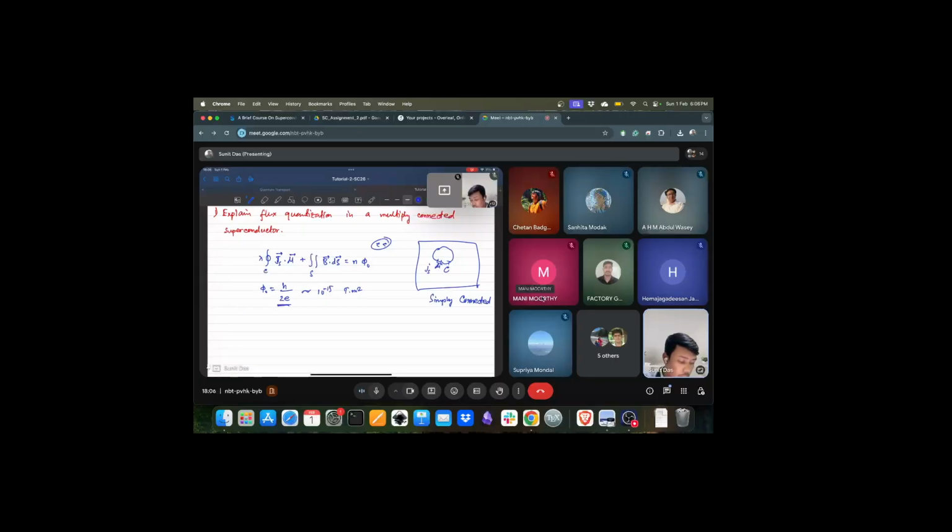So we have lambda Js dot dl, and then if we apply a magnetic field also, then the S is representing the whole surface closed by or created by the closed loop. So B dot ds equals n phi 0, and n is an integer.